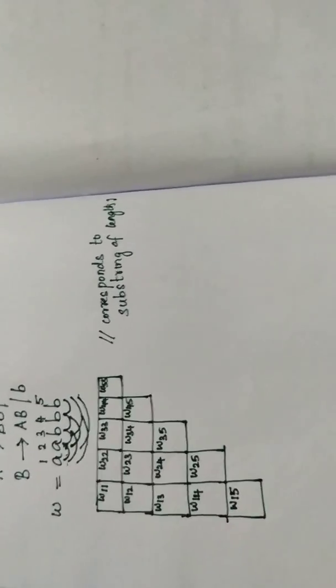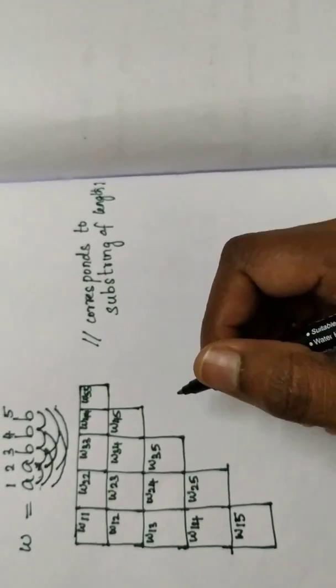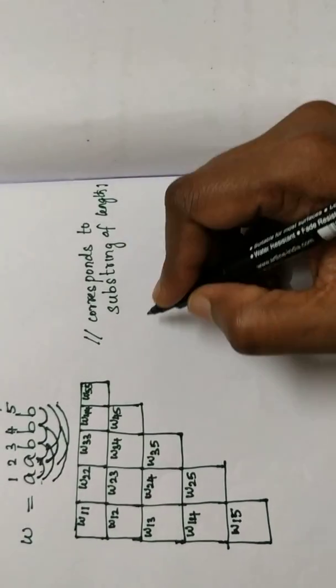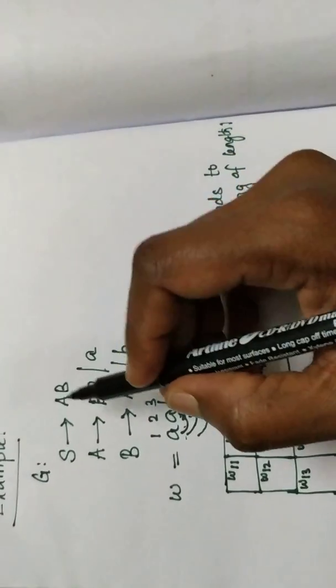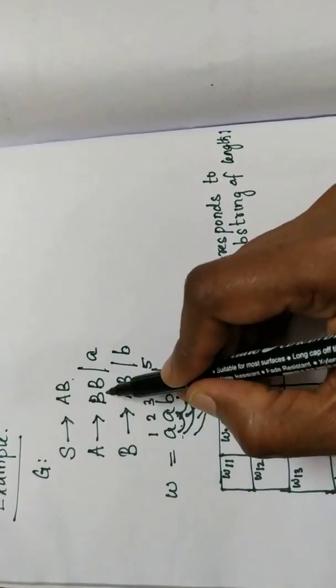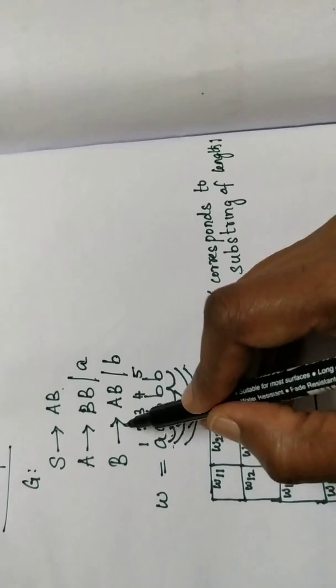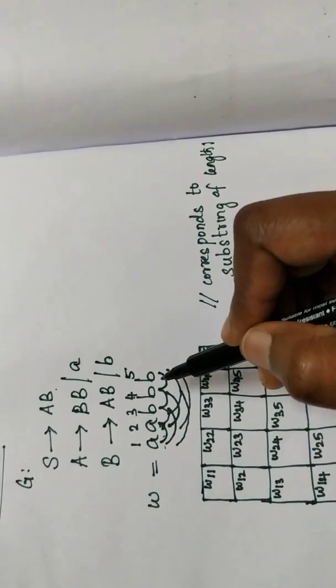Now we'll see how to fill this table. The grammar is given as S gives AB, A gives BB or a, and B gives AB or b.